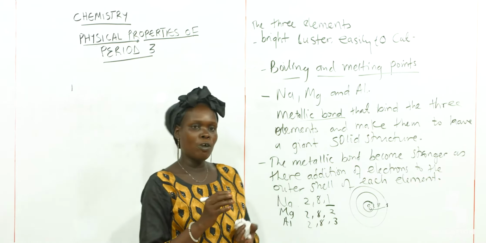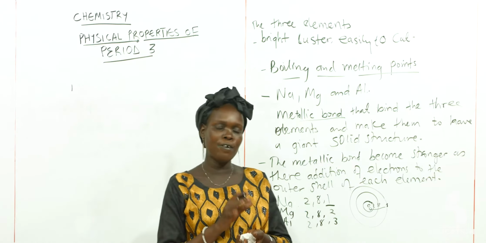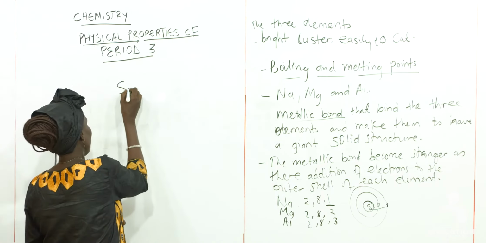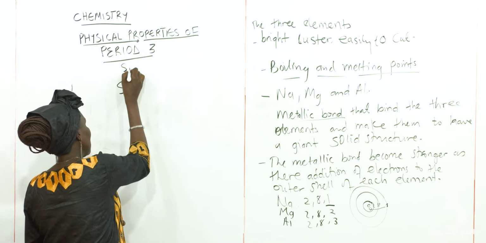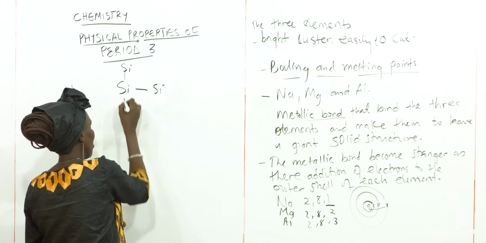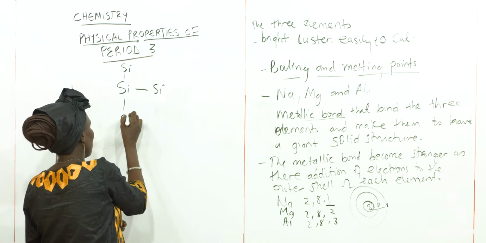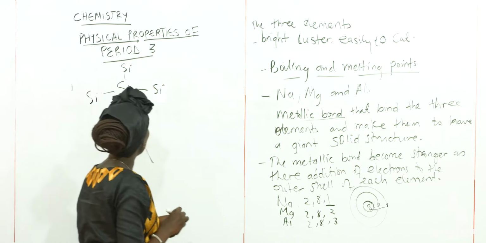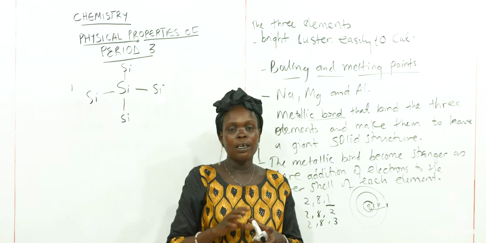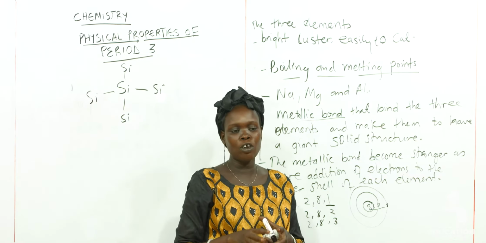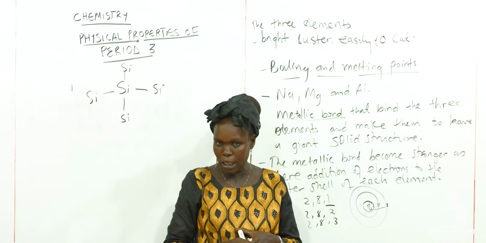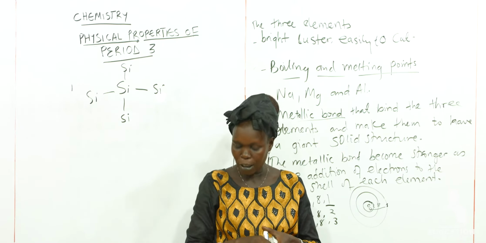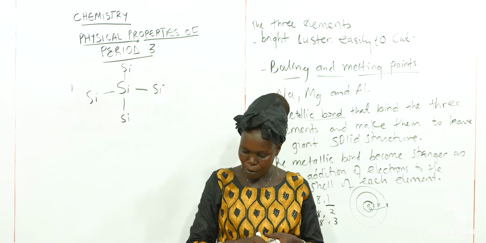So actually an atom of silicon behaves by having 4 other silicon atoms, and it will look like this. We shall have a silicon atom bonded to another silicon. So this is how the structure of silicon may behave. It will have 4 other atoms of silicon bonded to itself.